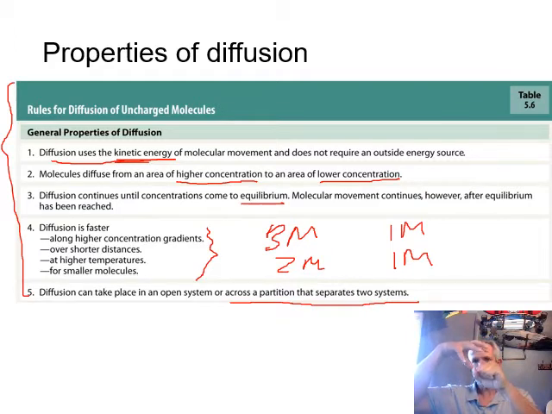If we have a difference in concentration of a molecule from inside the cell to outside the cell, that would allow diffusion to take place as long as the molecule can move through the membrane. So that's where we're moving towards, this diffusion that's taking place across the plasma membrane.